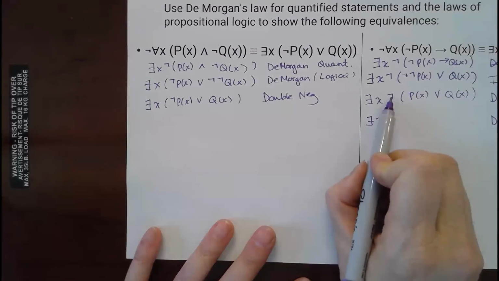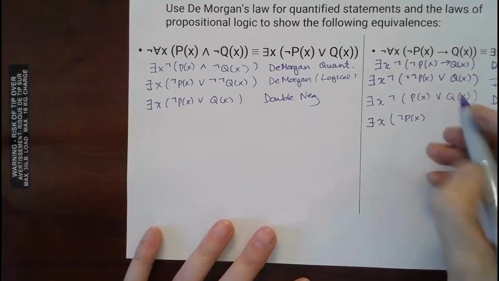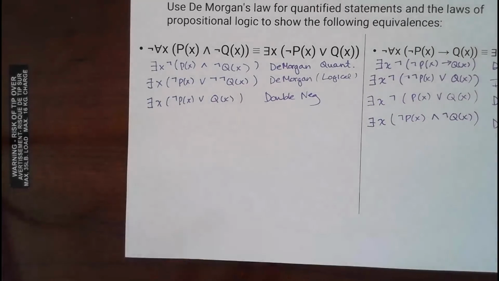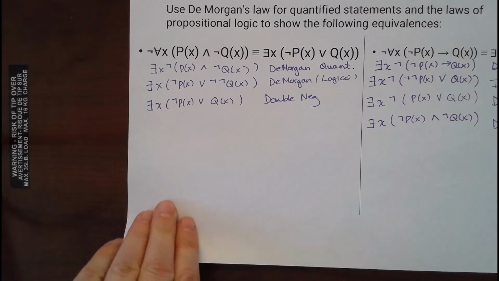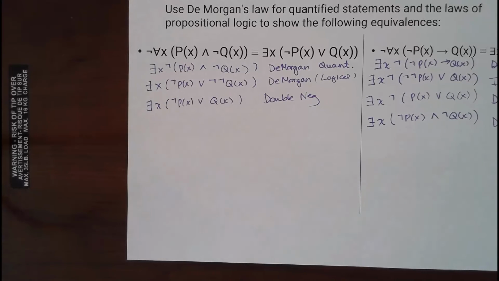So when we take the negation inside the parentheses, they'll become not P of X. The disjunction changes to conjunction. We got to not both of the individual predicates. All right. So that is De Morgan for quantified statements. It feels pretty similar to what we did with De Morgan for logical statements, so it's not too difficult.